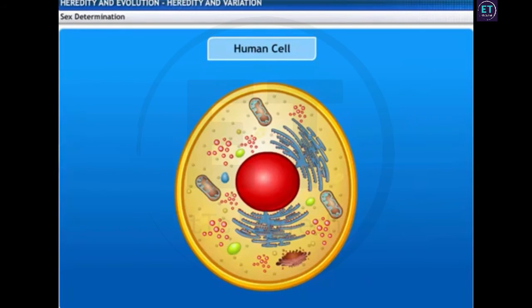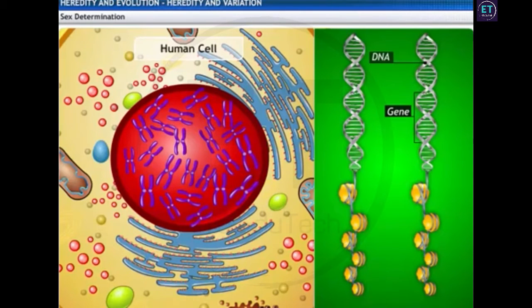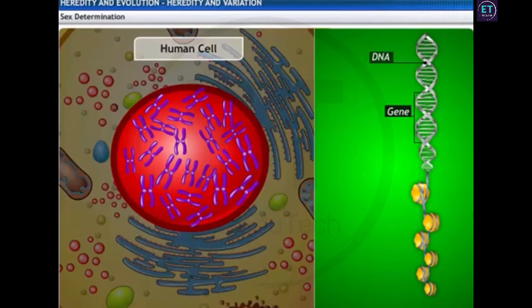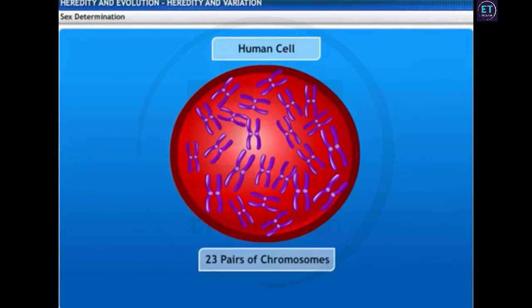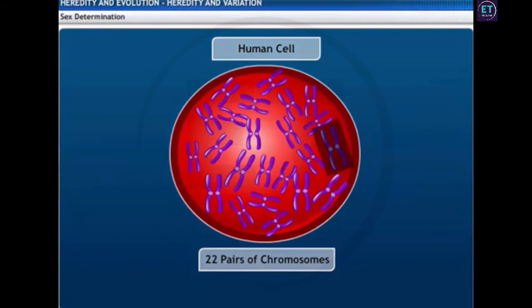Let's see how genetic inheritance determines the sex. Genes are present not as a single long thread of DNA, but as separate independent pieces called chromosomes. All humans have 23 pairs of chromosomes. Of these, 22 pairs of chromosomes have a maternal and a paternal copy.